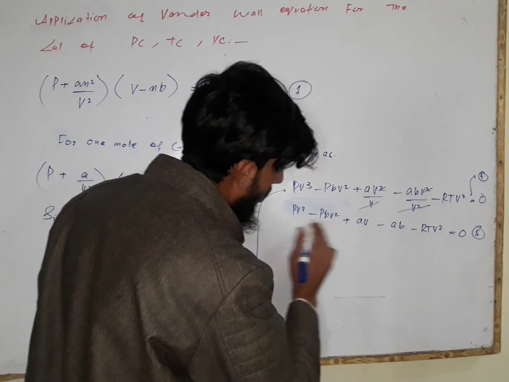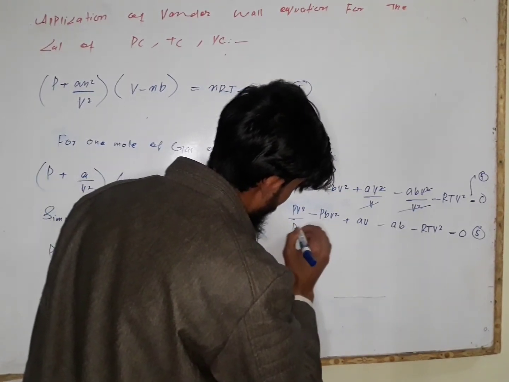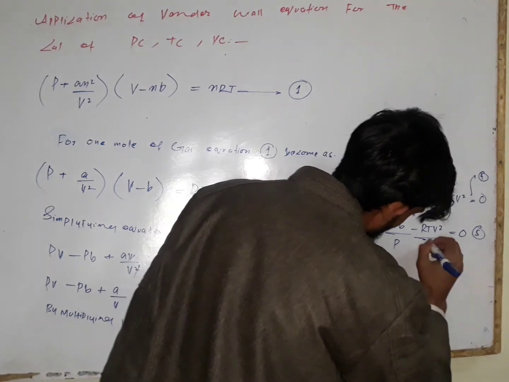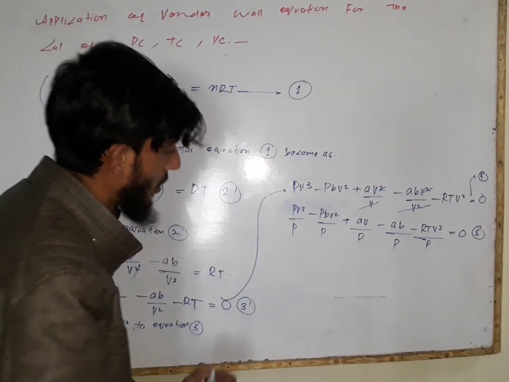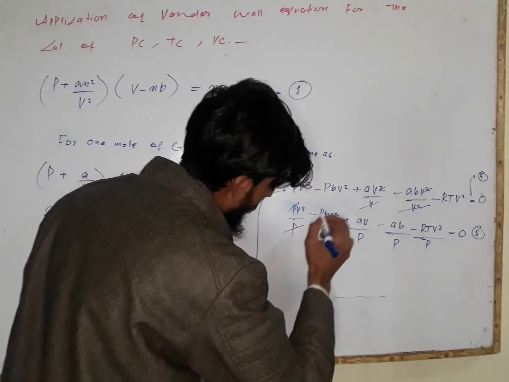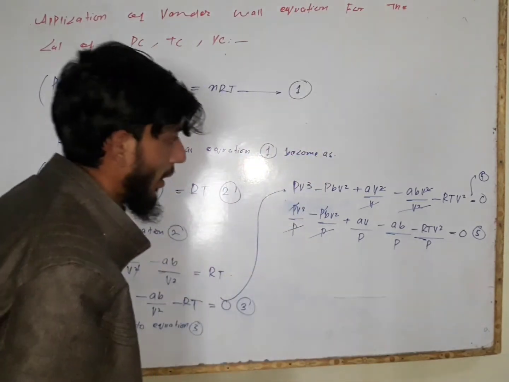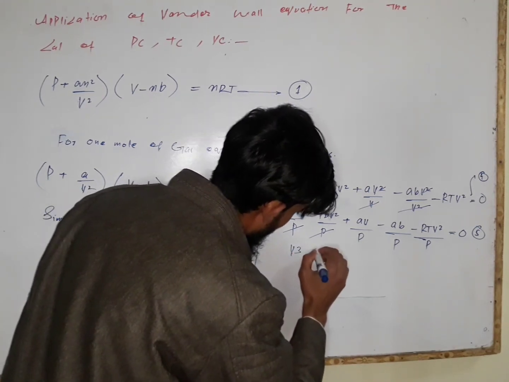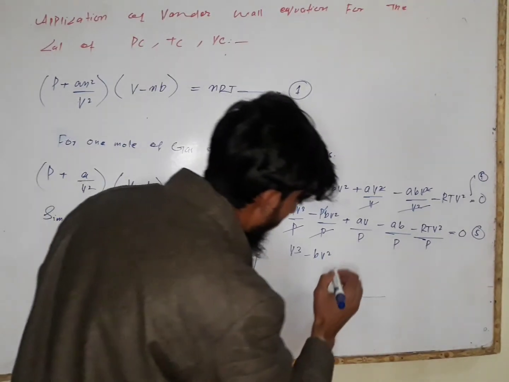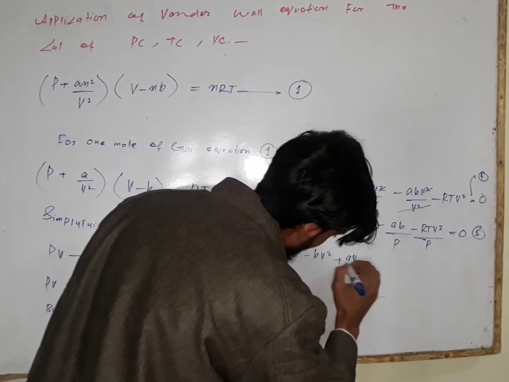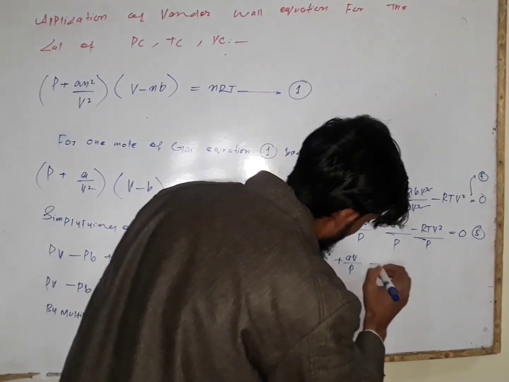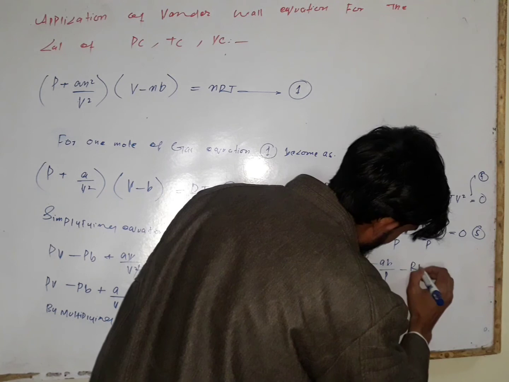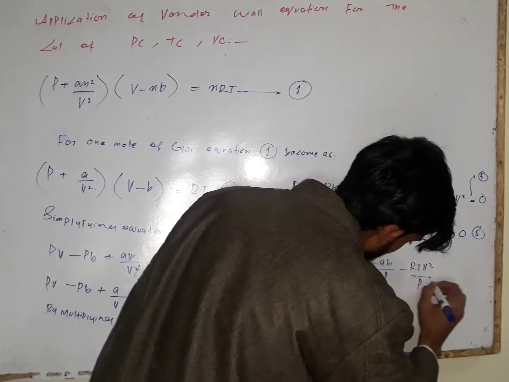The P can be cancelled with this P, and this P can be cancelled with this P. So the equation becomes V cubed minus bV squared plus aV by P minus ab by P minus RT V squared by P is equal to 0.